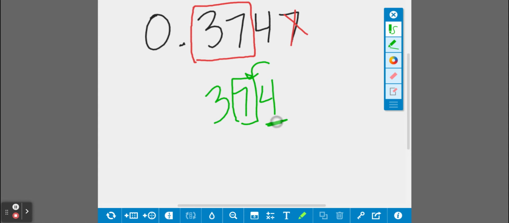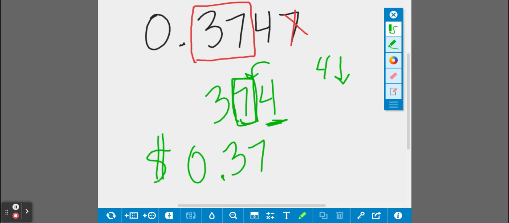It's a 4. So 4 or less, let it rest. That means we're going to let the 7 rest. So we would leave it as this, and then we'll just pop the decimal back in. As money, we would read that as 37 cents.